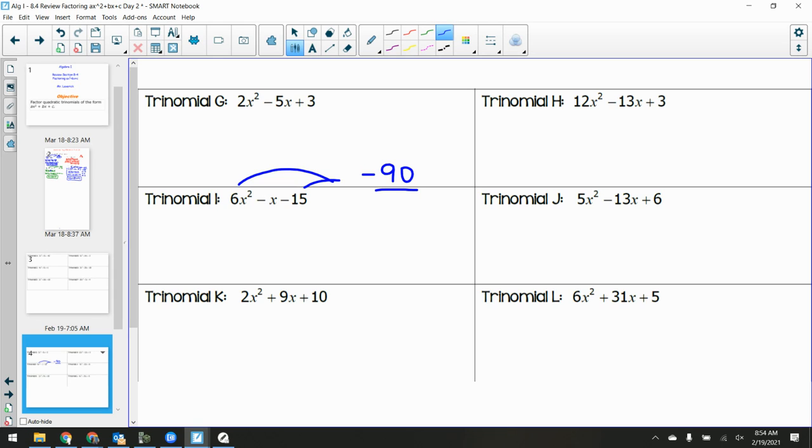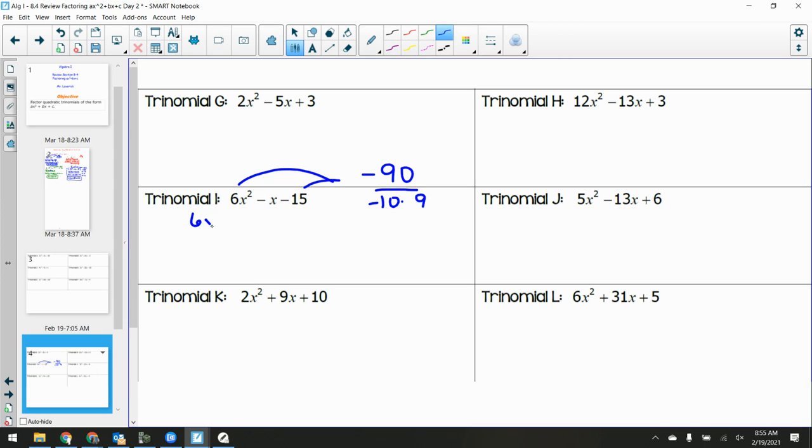However, I see that it's got to be negative 1. And I know one's got to be positive, one's got to be negative. So I bet the numbers are really close together. Say 9 times 10. Which one's negative, the 9 or the 10? The 10. The bigger one's negative because this ends up being negative as well. So negative 10 times positive 9. Those are my two solutions, my two factors, excuse me.